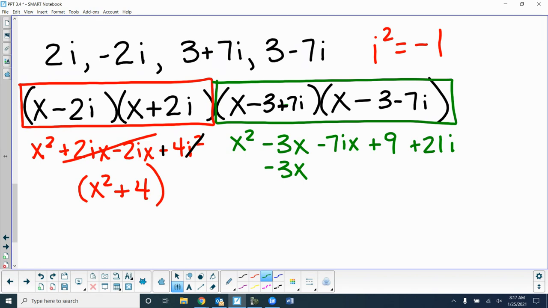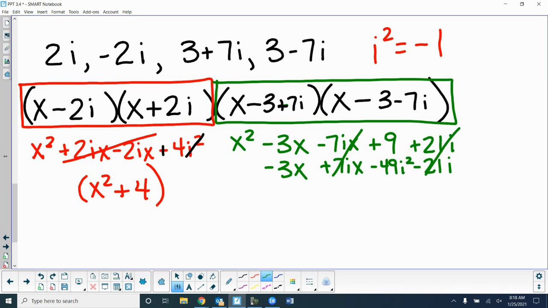Positive 7i times x is positive 7ix. Positive 7i times negative 3 is negative 21i. So what's going to happen to the ix and that ix? They cancel. And then positive 7i and a negative 7i is a negative 49i squared.